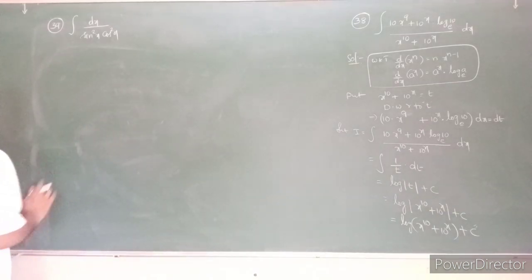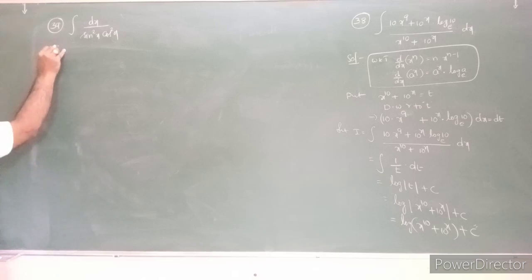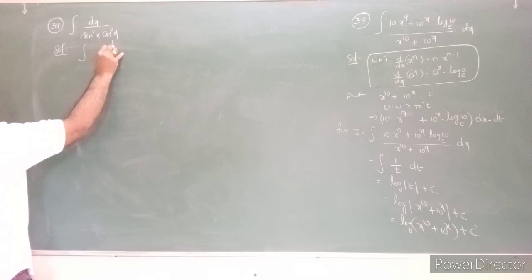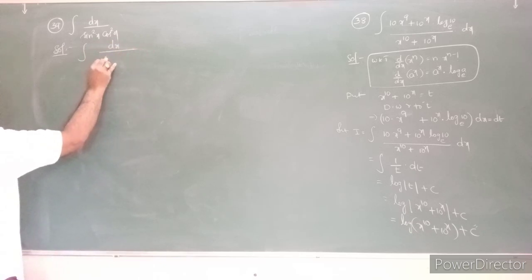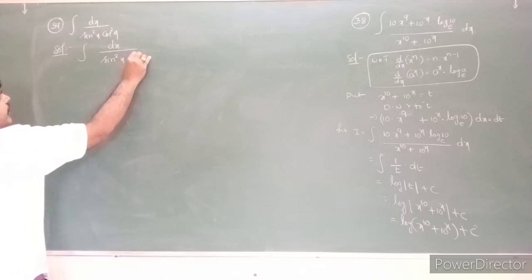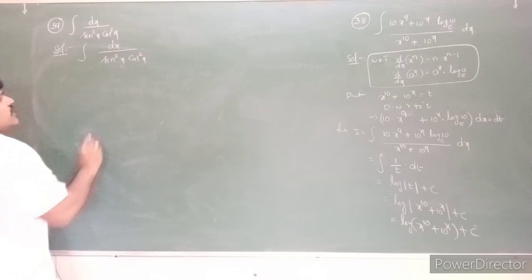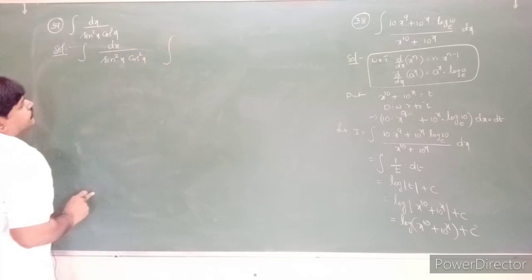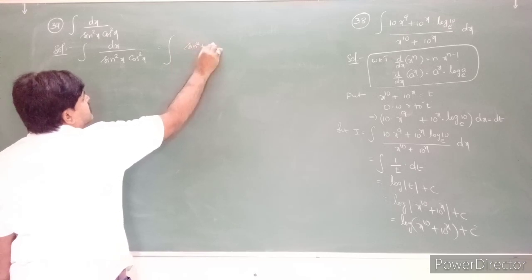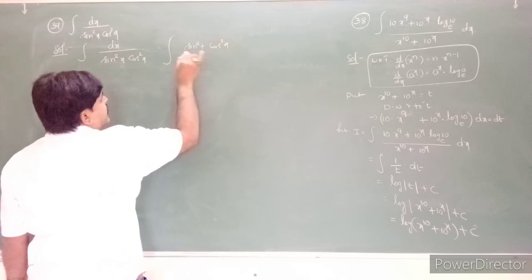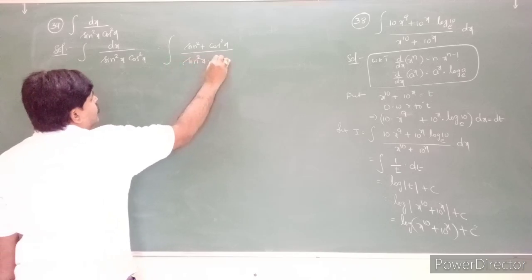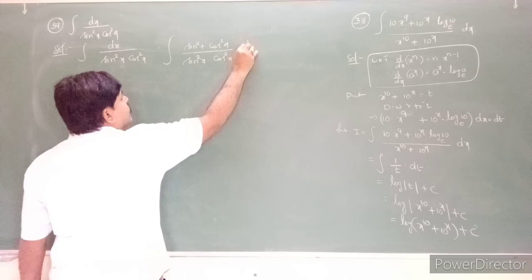So see that, students, here what we will do. See the solution. The integral of dx by sin square x into cos square x can be written as the integral of (sin square x plus cos square x) by (sin square x into cos square x) into dx.